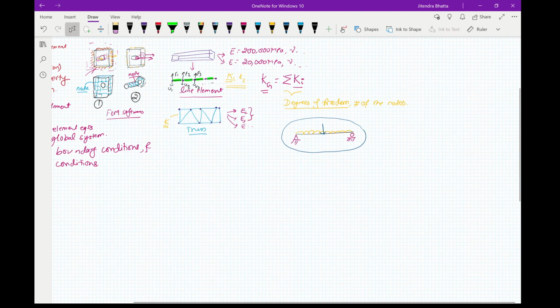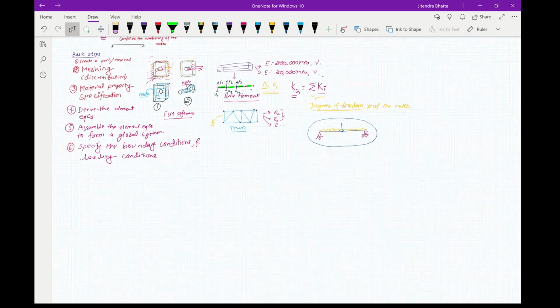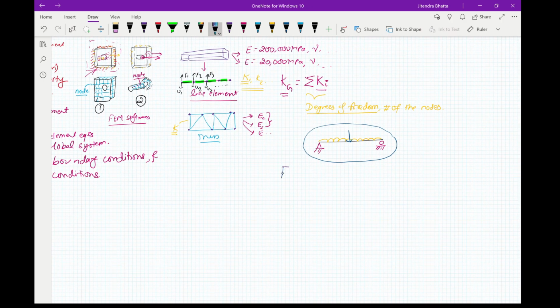Generally, for a global system, you'll get a global force vector which will be equal to global stiffness matrix times your global displacements.